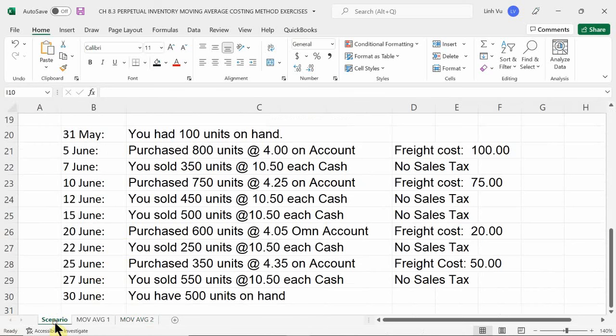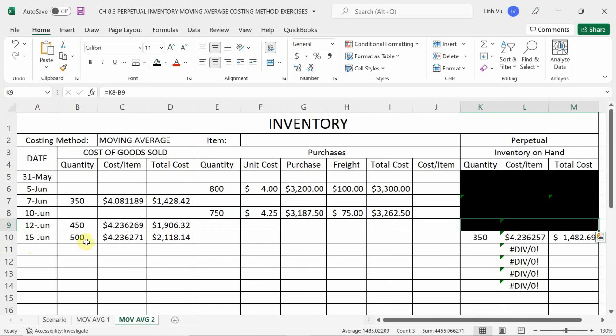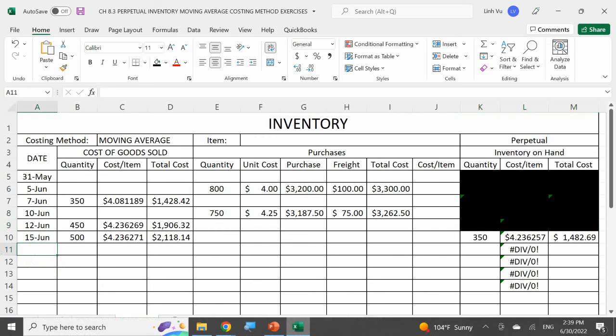Okay, so let's see what happened next. So on June 20th, we end up purchasing 600 units at 405 with a freight of 20. 600, 405, and 20. Okay, so it's June 20th. We purchased 600 units at $4.05 with a freight of 20.